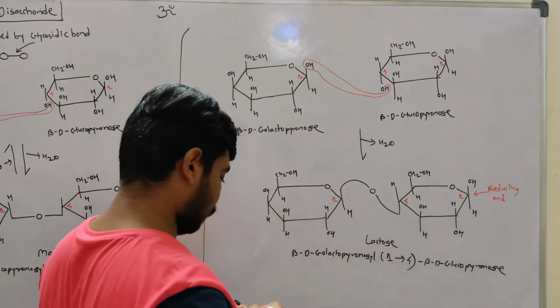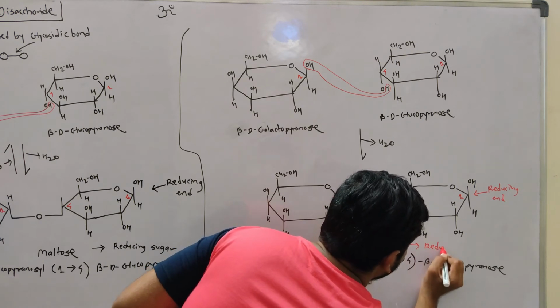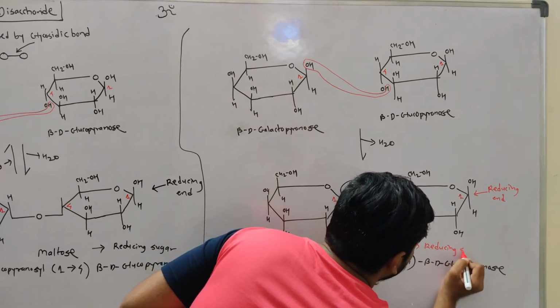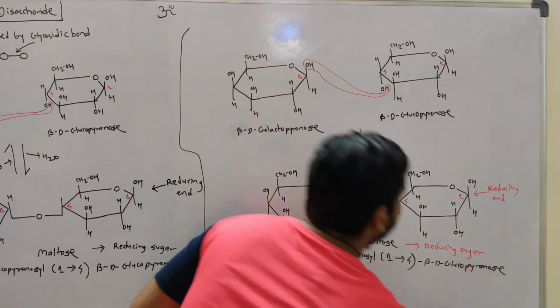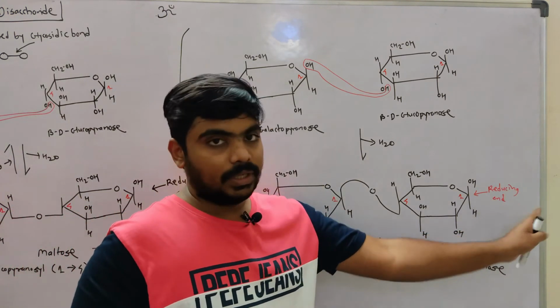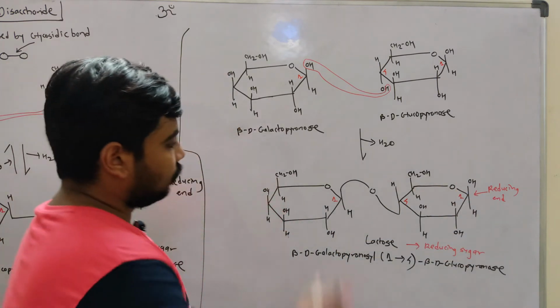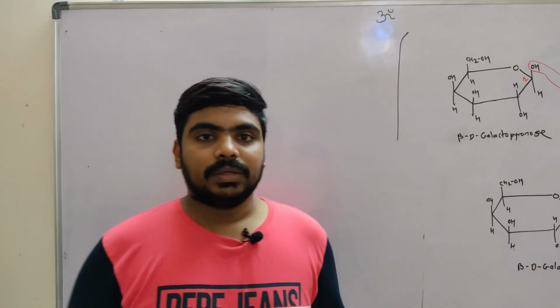So lactose is a reducing sugar, because it has one end which can form a glycosidic bond with another monosaccharide. This is how lactose is formed.